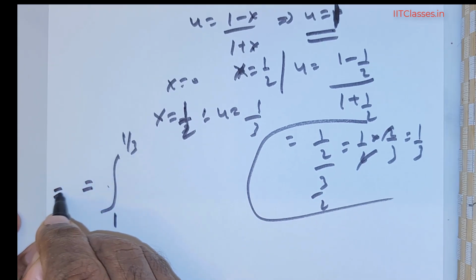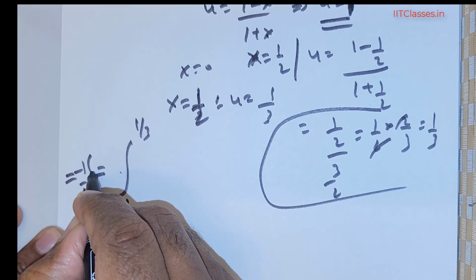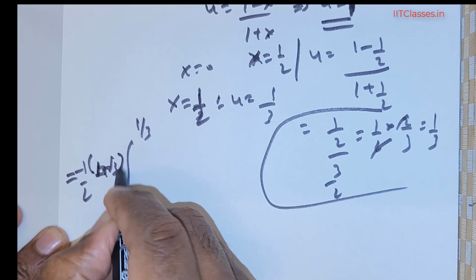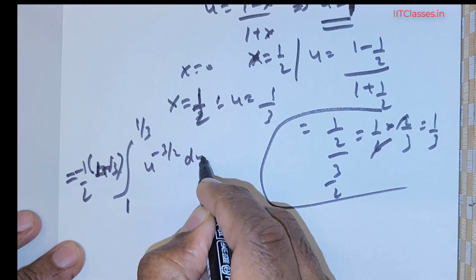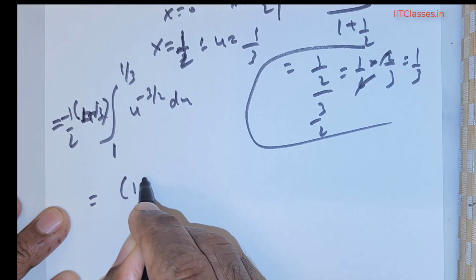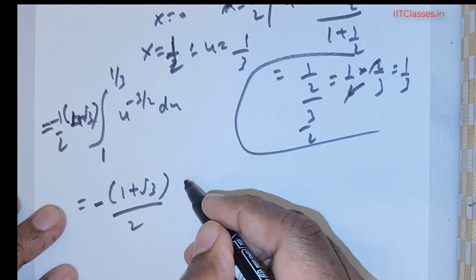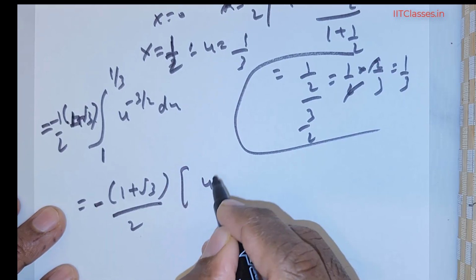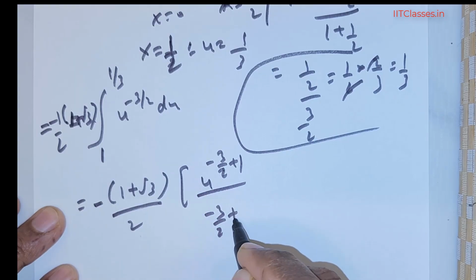So I need to get that negative 1 over 2 multiplied with 1 positive root of 3. This is going to be u raised to the power of negative 3 over 2 times du. So it's going to be (1 positive root of 3) divided by 2 negative. This is u raised to the power of (negative 3 over 2 positive 1) divided by (negative 3 over 2 positive 1).